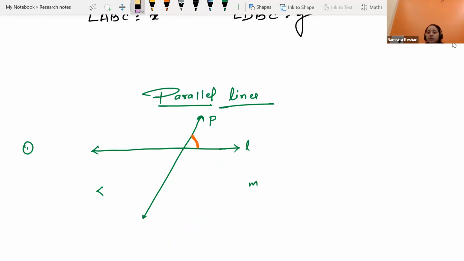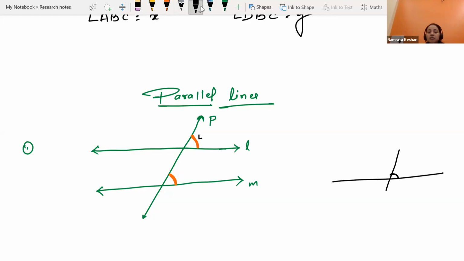And the other one is also on the upper part of this line. When both are at exactly the same place on the upper part, then these two are called corresponding angles.